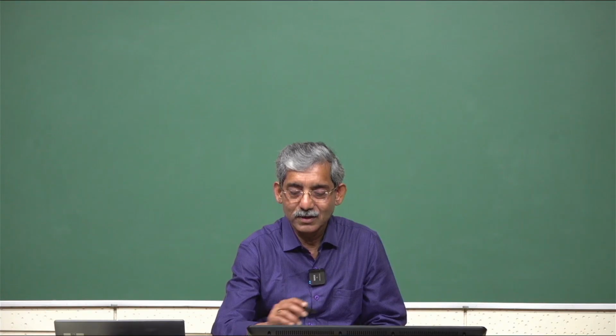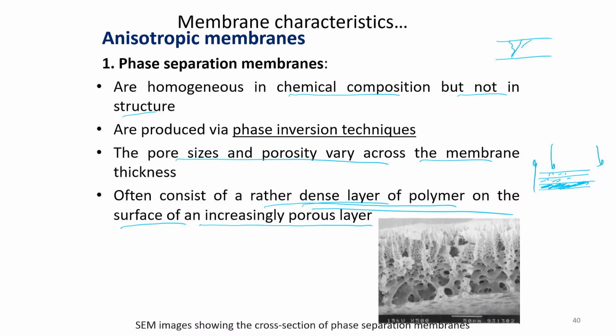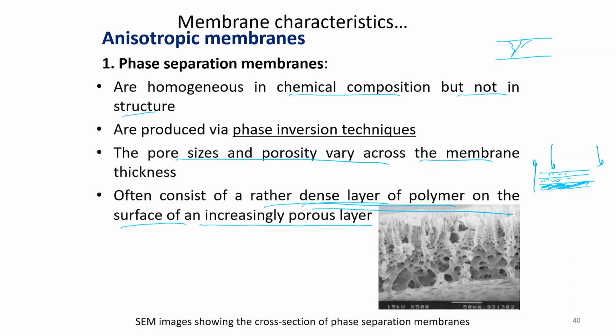Initially there will be a higher pore size and gradually the pore size reduces. So, gradient filtration is there. Here we can see this type of structure, the phase separation membrane.